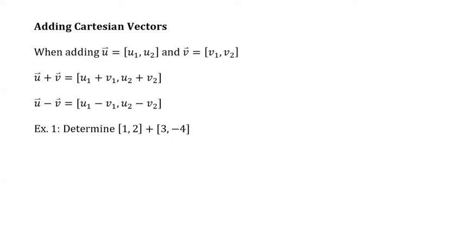If this is vector u, this will be vector v, and this will be vector u. So if I do u plus v, I take v and I add it on to u, and that's the horizontal component of u plus the horizontal component of v, right? Of course it is.